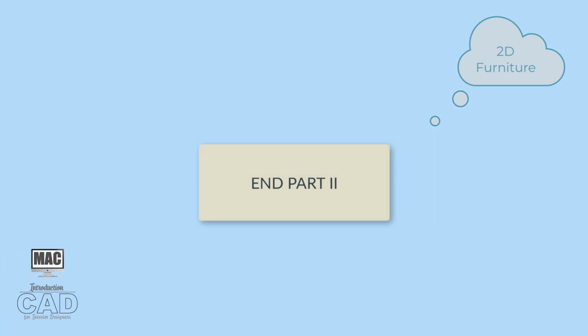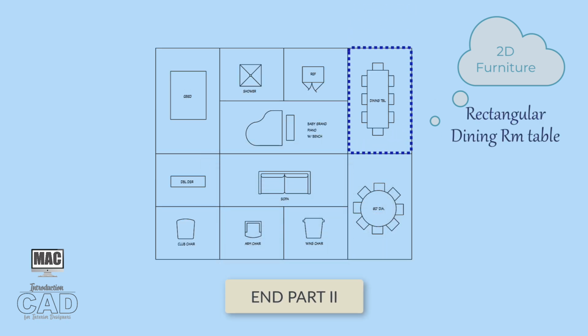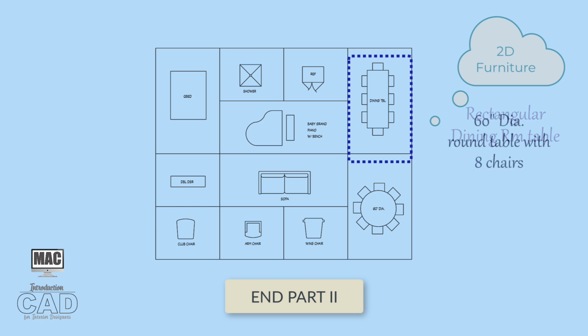This is the end of part 2 of the 2D furniture exercise on a Mac. In this video, the furniture drafted includes the rectangular dining room table, highlighting the rectangle command, copy command for precise space planning techniques, the Move command, the Mirror command, and single line D-text command editing techniques.